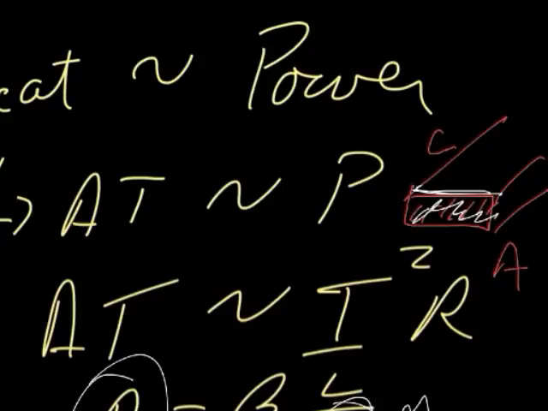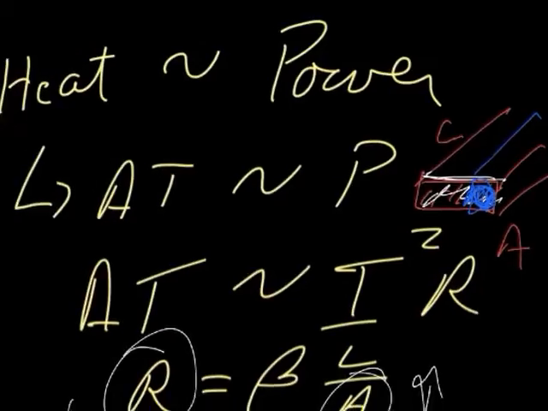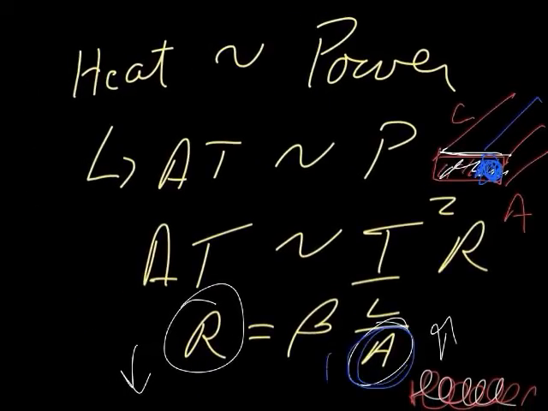So if I change to blue, if I make my wire thinner, that area gets smaller, doesn't it? So making a smaller area, that means this part here goes down, causes the resistance to go up.